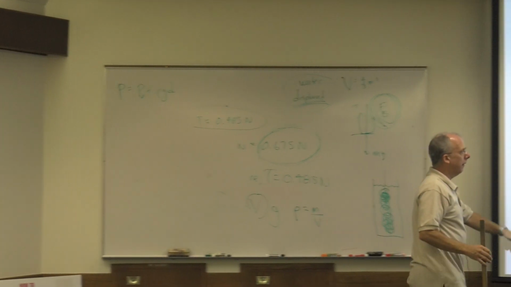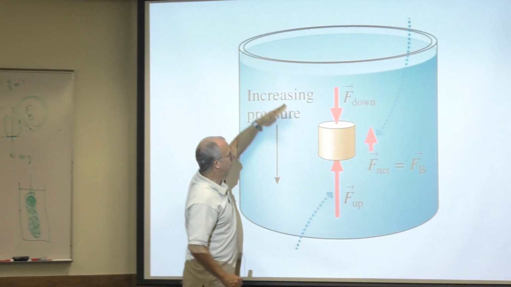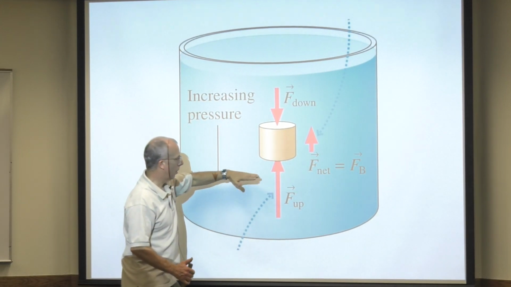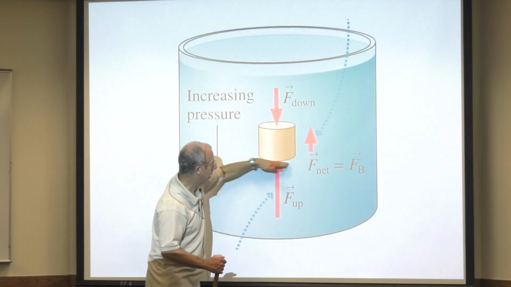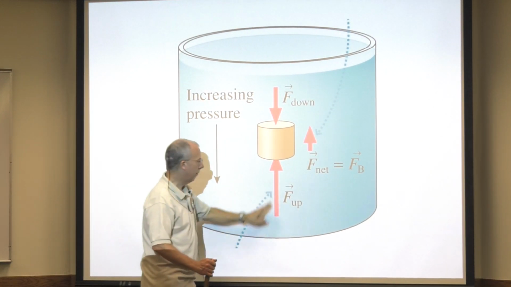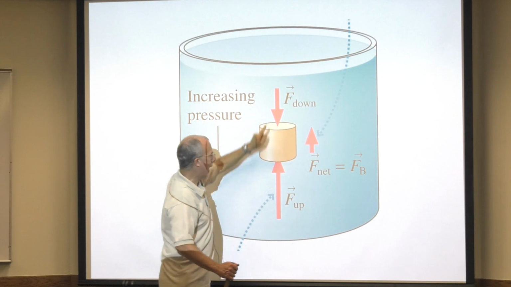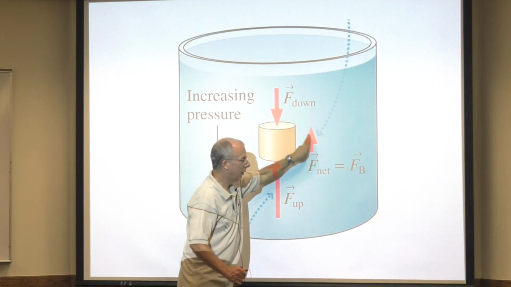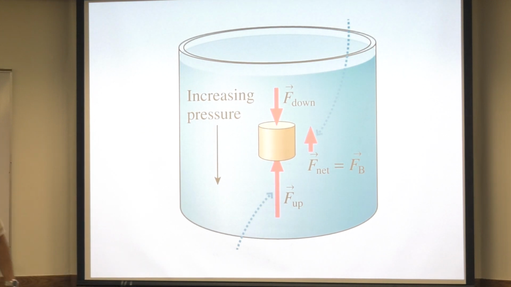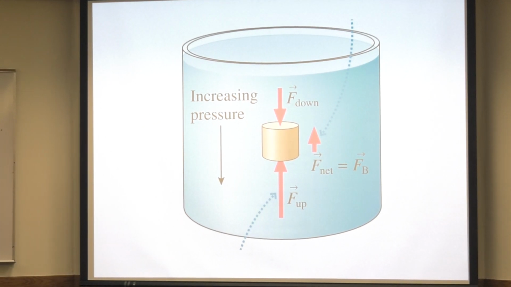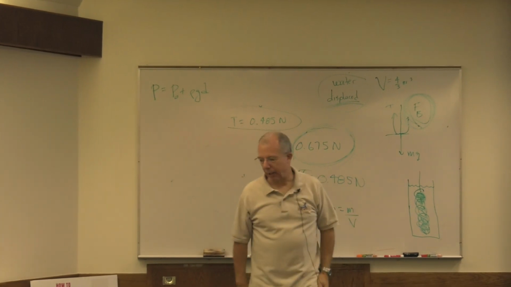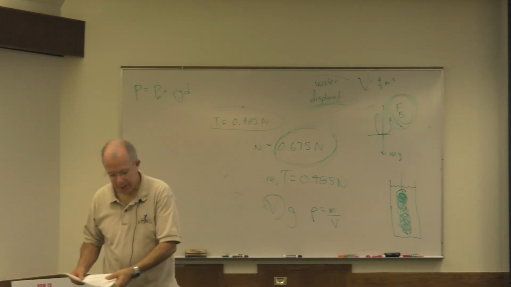So that means when you go down, you increase your depth, the pressure increases. So there has to be a greater pressure here than here, right? And so this minus that is a net pressure, and that's what you call a buoyant force. So it's nothing new, it just results from this. But now we know how to calculate it in different ways. So that's kind of cool.